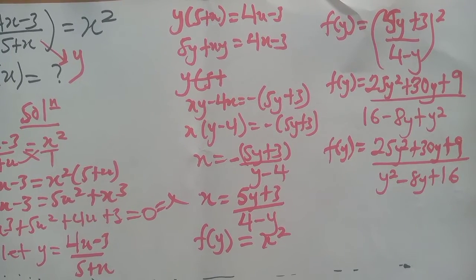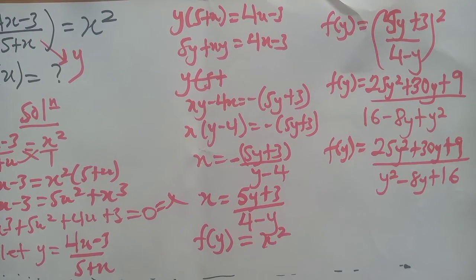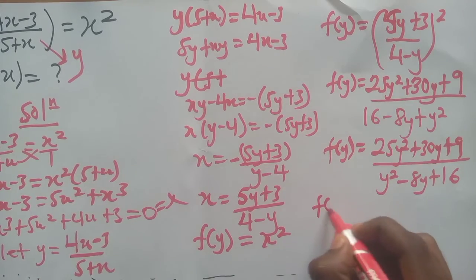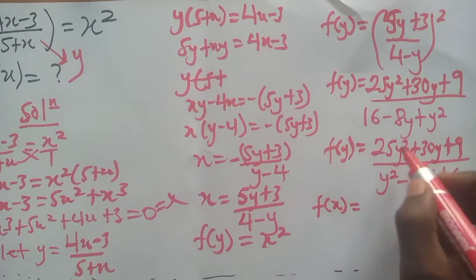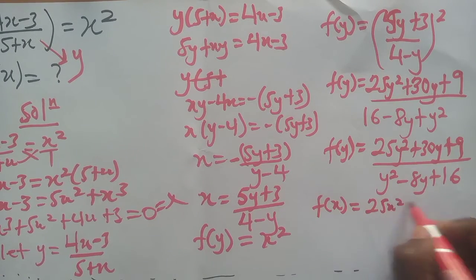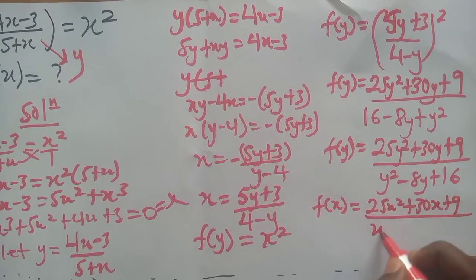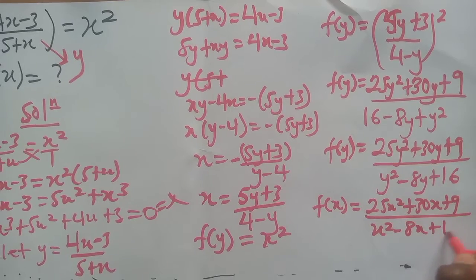We have f of y being equal to that. So for us to get f of x, what we have to do is just replace y with x. So f of x is equal to, everywhere you see y, you just replace by x: 25x squared plus 30x plus 9 divided by x squared minus 8x plus 16.